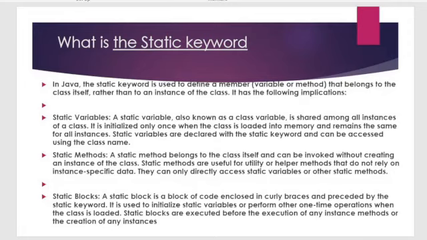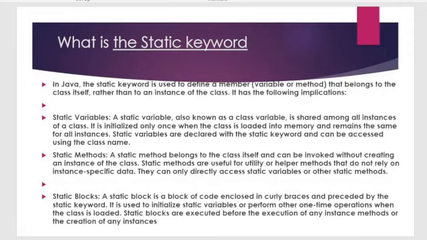Static variables are declared with the static keyword and can be accessed using the class name. If you declare it static, you don't need to create an instance of the class. You can directly access it with the class name.